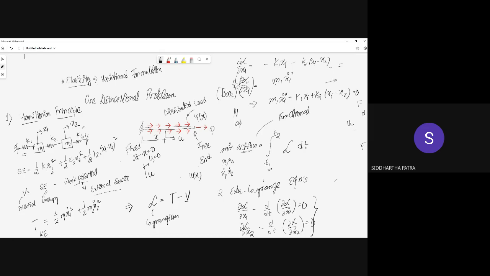And from that we can write the other equation, which is going to be m2 x2 double dot plus k3 x2 plus k2 (x2 minus x1) equals 0. So these are the two differential equations that you need to solve simultaneously.